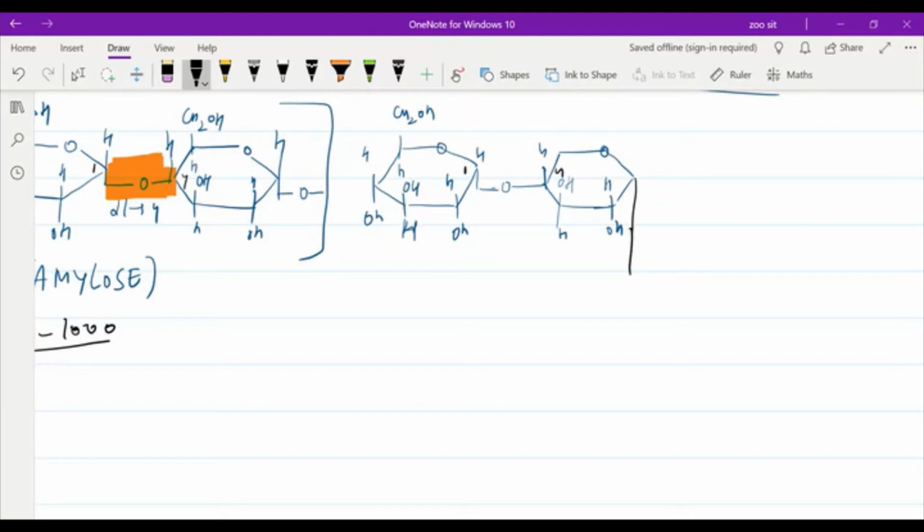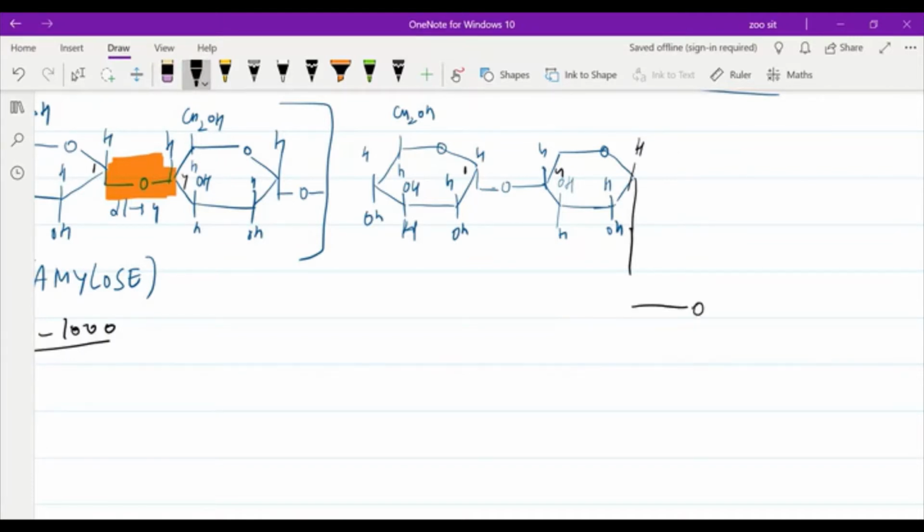This is carbon number 1, H, and here it leads to formation of a bond with the 1,6 linkage.